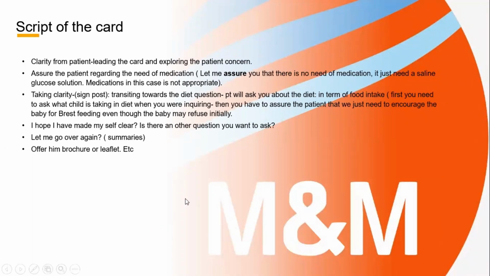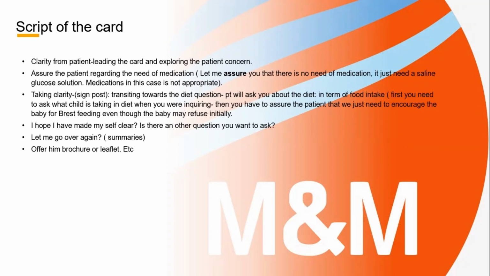And again, with a signposting change you can move on to the diet question. The patient may ask you about diet, and you can address what needs to be done for the diet as well. Again, check for clarity and ask if the patient has any other concern.